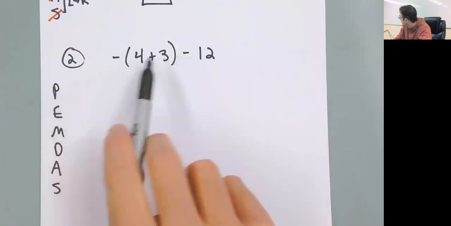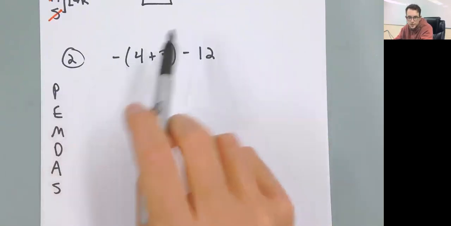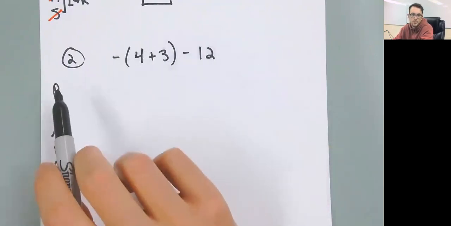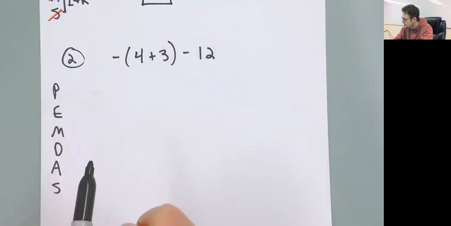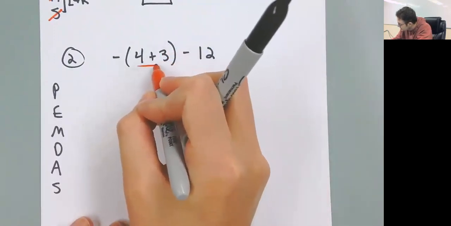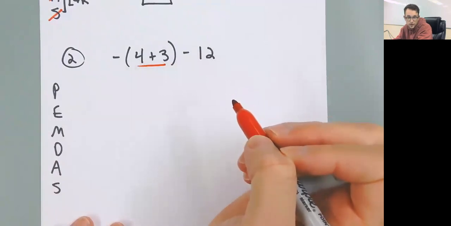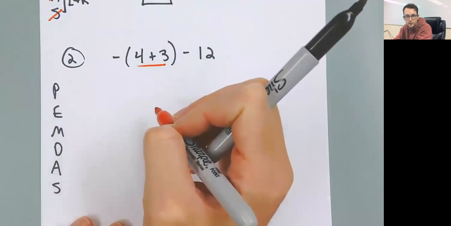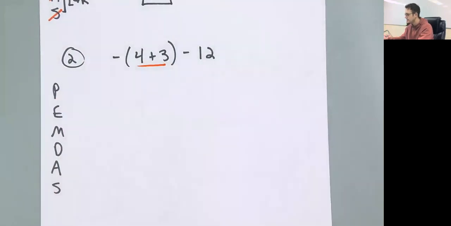No fractions. I don't have any fractions, right? I don't got like 10 over 2 or 20 over 4. I don't have any fractions to simplify. So I next look at PEMDAS. Parentheses. Well, I see something I need to do in parentheses, right there. What parentheses means is try and simplify inside of the parentheses first.